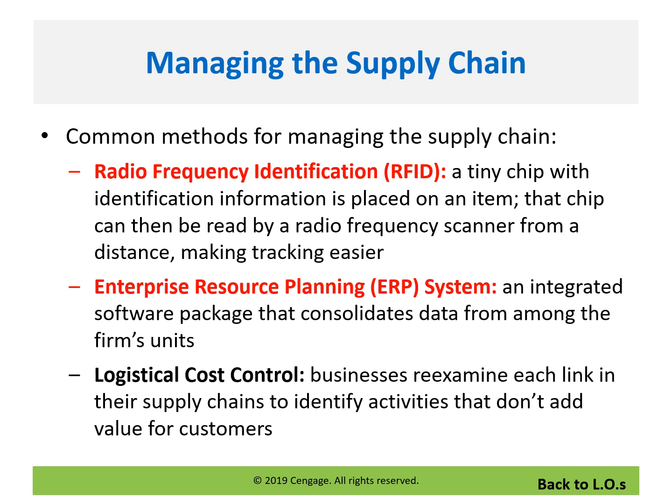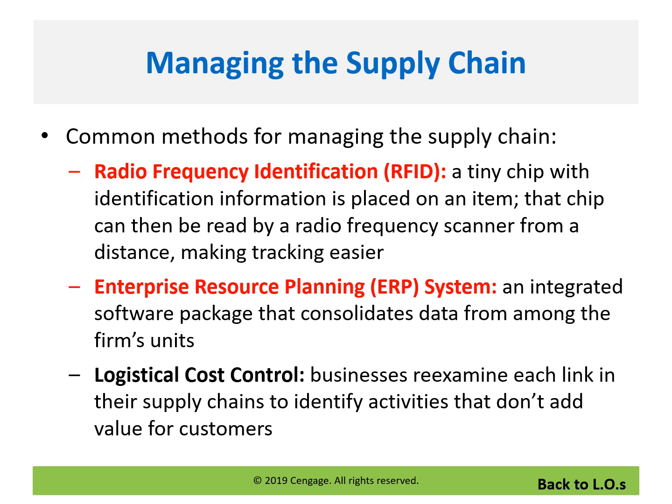Managing the supply chain. The common methods for managing the supply chain include radio frequency identification, which is a tiny chip with identification information placed on an item. That chip can then be read by a radio frequency scanner from a distance, making tracking of the products easier.